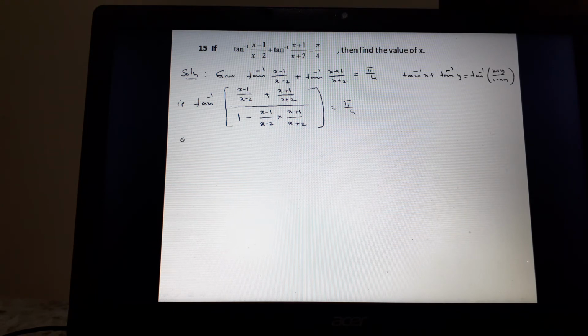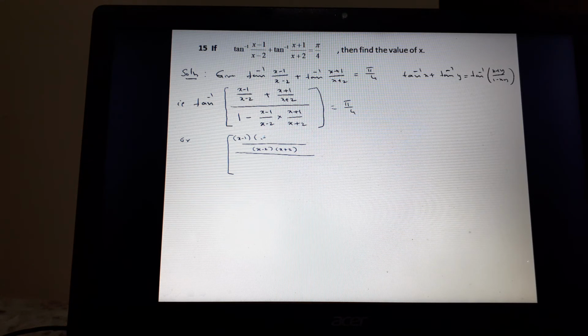Or you can write. So meanwhile we will simplify this also. See here what we do is take the LCM. LCM is x minus 2, then x plus 2. And here it is (x minus 1) into (x plus 2).